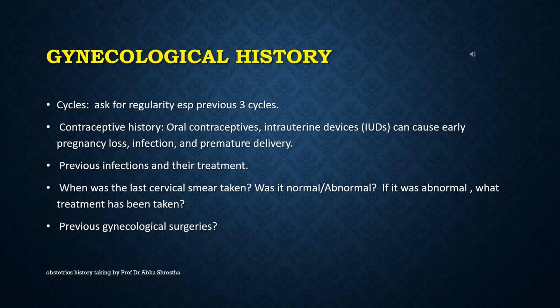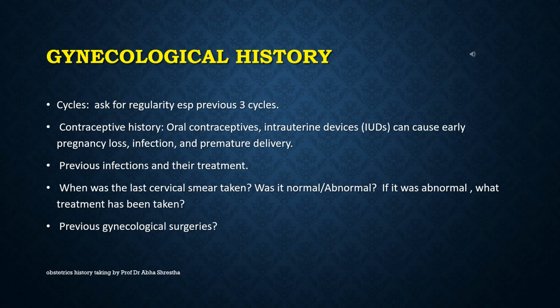If she was using any form of contraception, then we should ask her what contraception she was using prior to her pregnancy, or was she on contraceptives and this pregnancy is due to failure of contraceptives. Like if she's on oral contraceptives or whether it's an intrauterine contraceptive device, because a retained intrauterine contraceptive device can cause pregnancy loss, infections, and even premature delivery.